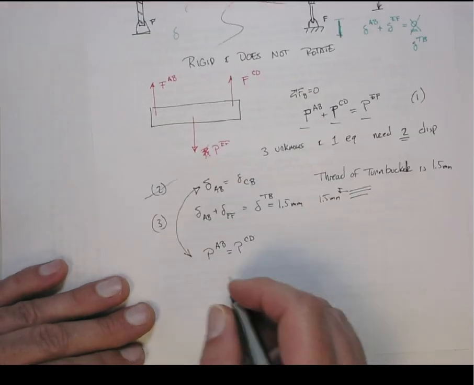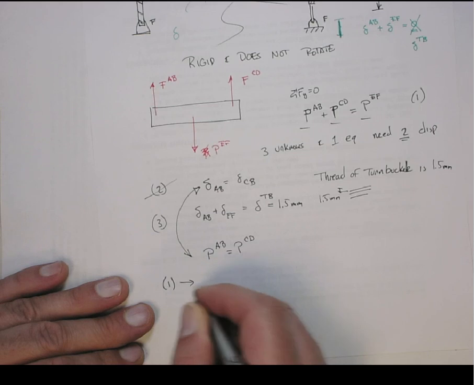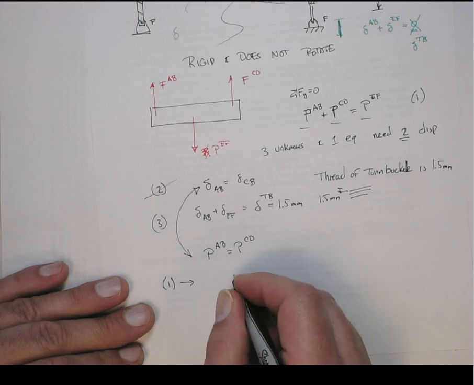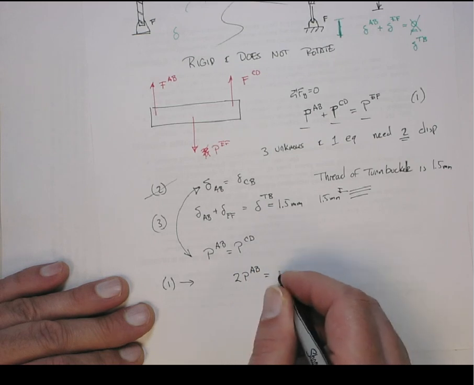So we'll recast this. So now the first equation, equation 1, becomes 2 times PAB equals PEF.